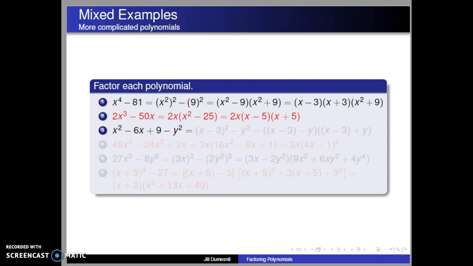Replacing x squared minus 6x plus 9 with x minus 3 squared, and still having the minus y squared, we notice that now we have a difference of squares with bases x minus 3 and y. So we get a factorization that looks like x minus 3 minus y times x minus 3 plus y.